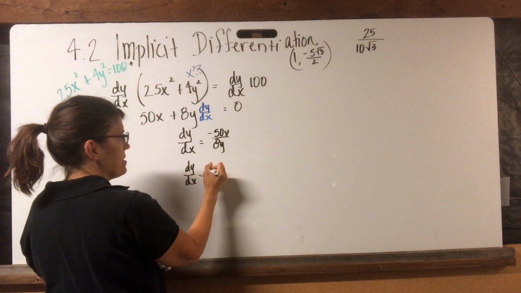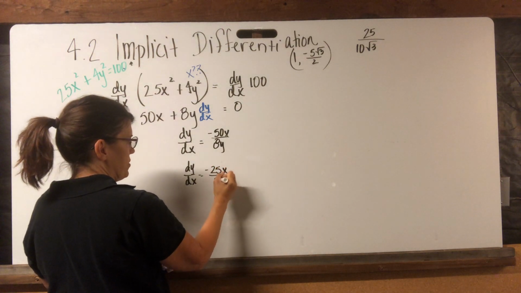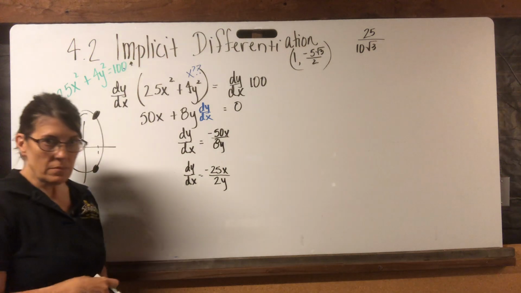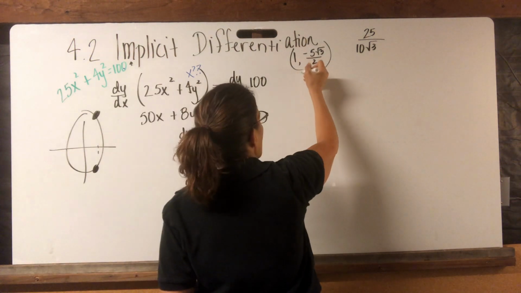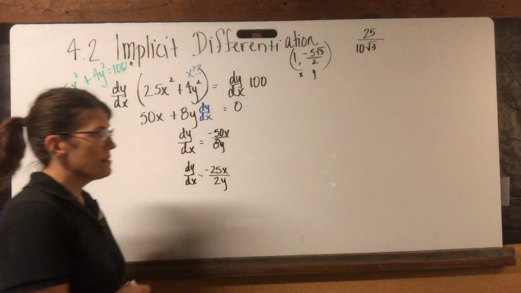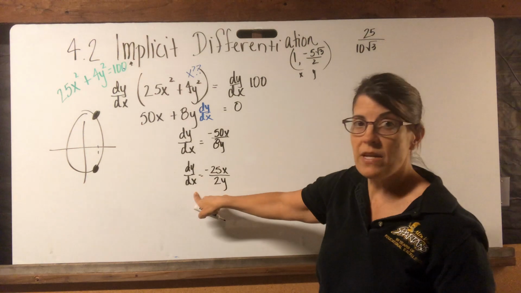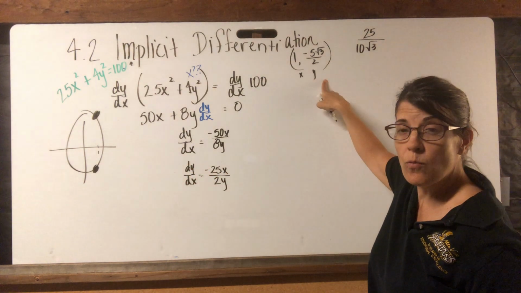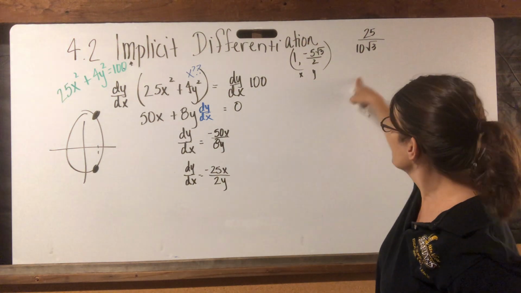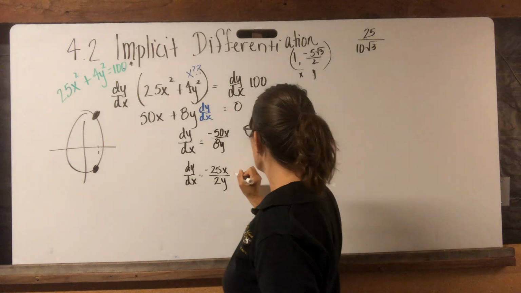And that's going to be negative 25x over 2y. There's my x. There's my y. So the derivative, the slope of the tangent line at the point 1, negative 5 root 3 over 2 should be 25 over 10 root 3. And I'm pretty sure it is.